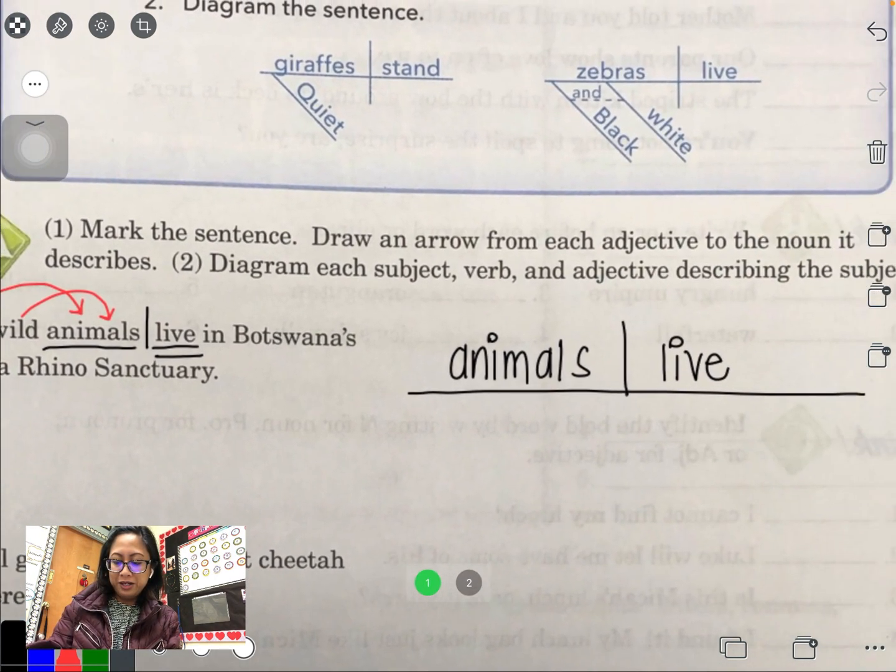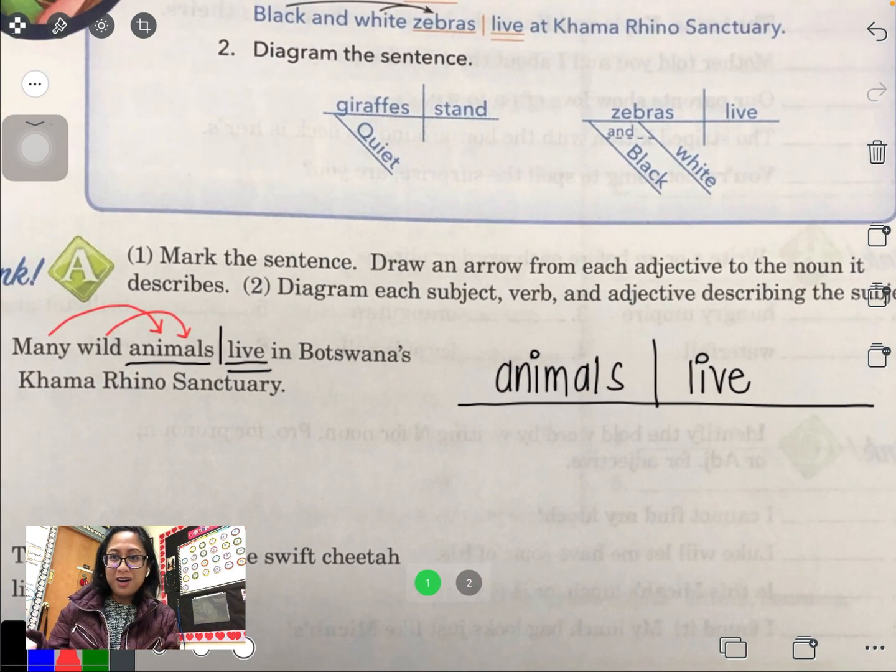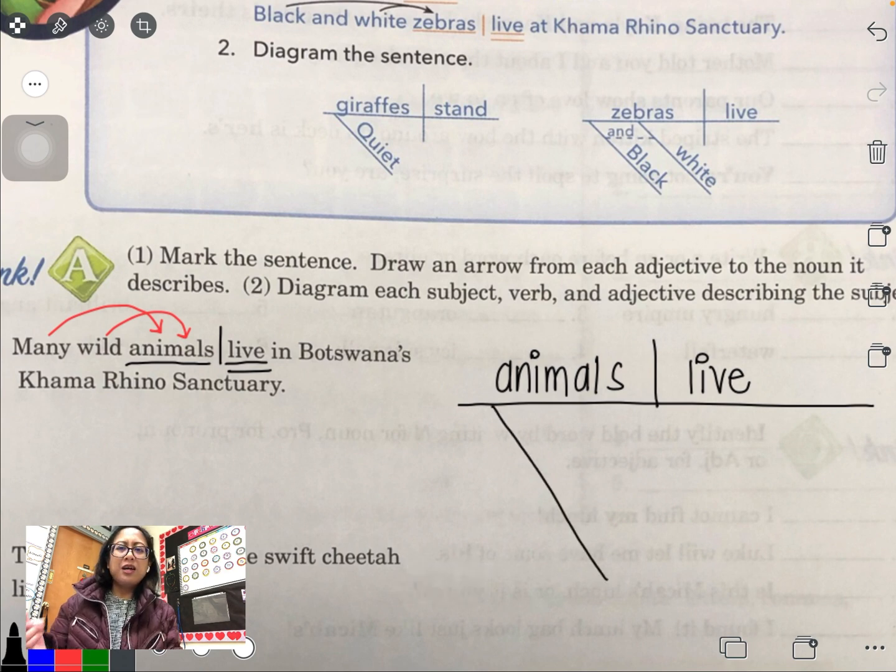Now I get to go back here and I'm going to draw the adjectives onto my diagram. Now you're probably wondering, where do the adjectives go? I'll show you. They go underneath the subject. So I'm going to have to turn this around and you'll see what's going to happen. You'll have to turn your book around too. That's what I call a parking lot. I don't know if you noticed the parking lot designs, like at church or Target or Walmart.